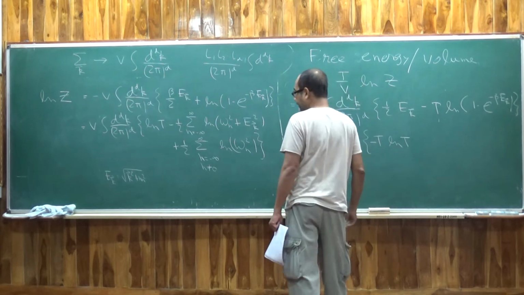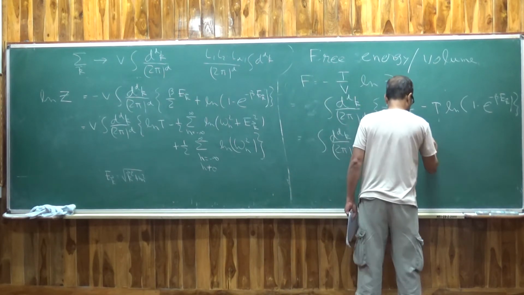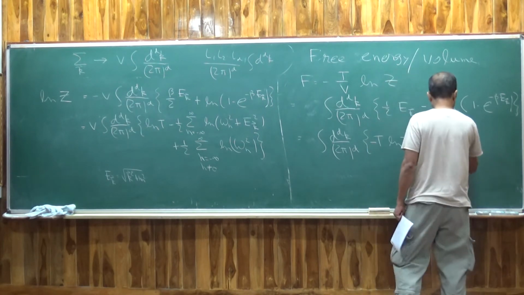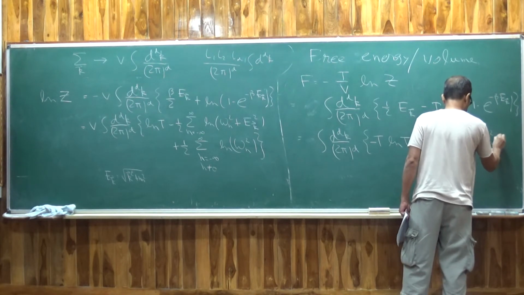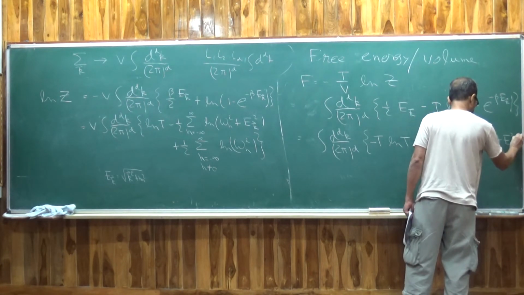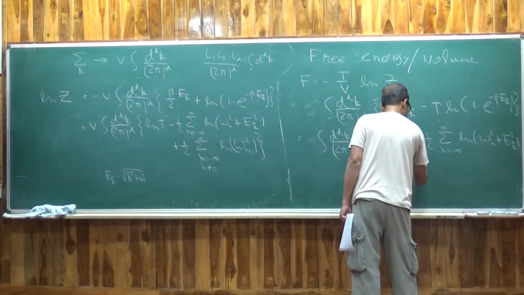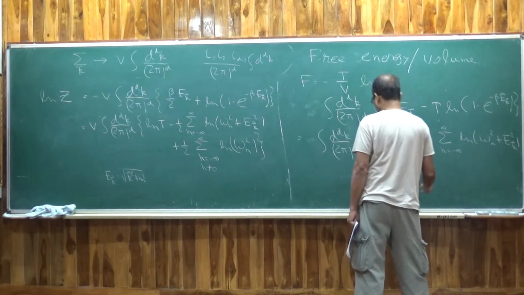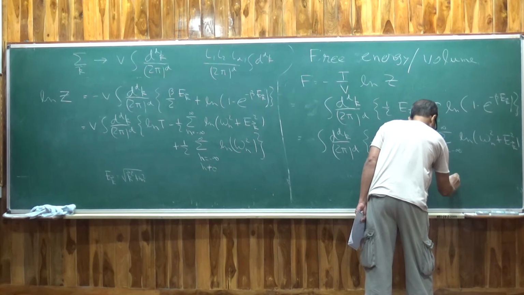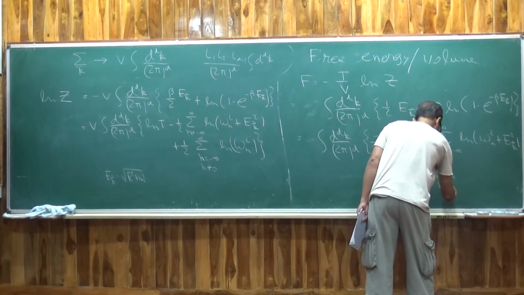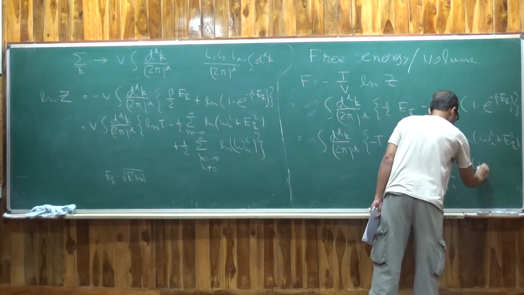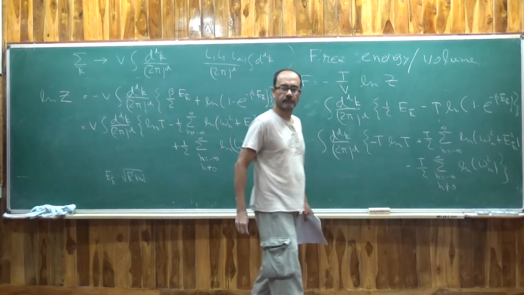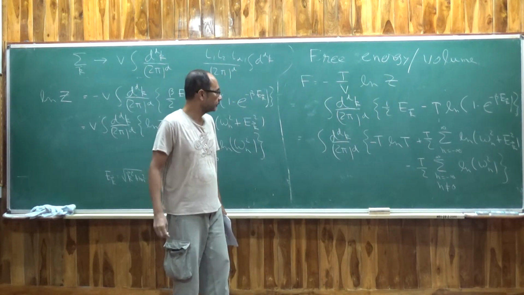So let's put the minus sign inside. So minus T of T plus half, minus T by 2. And the last expression, what will be the sign in front of T?